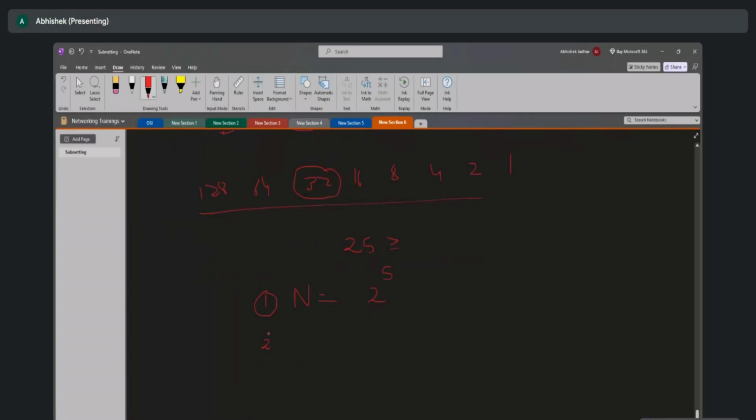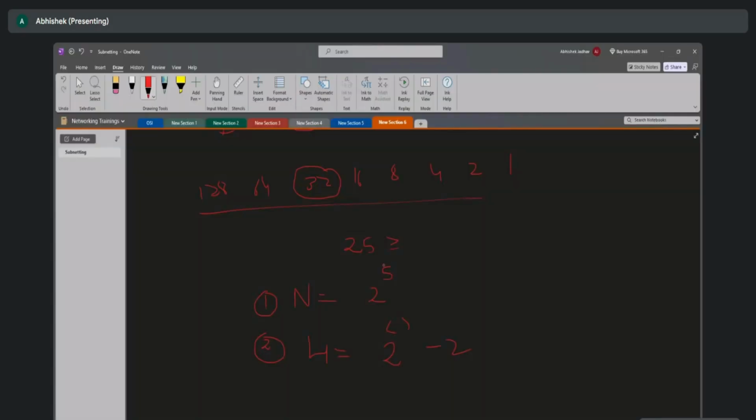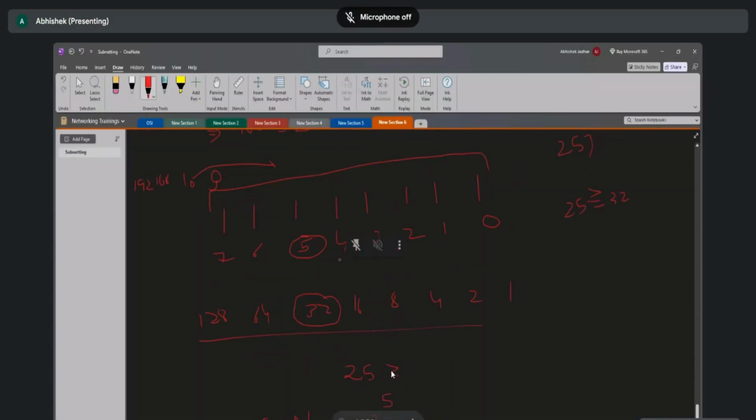Good. Now second, how many hosts are there? Now you tell me, how many hosts will be there? What value should I take here? We already have 5 bits borrowed from this.